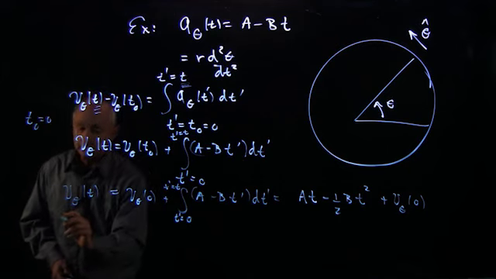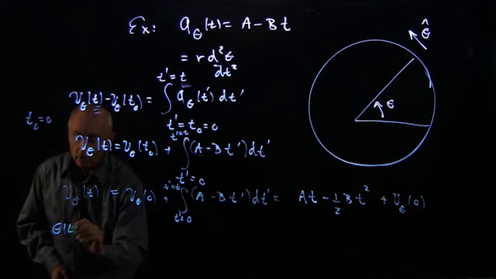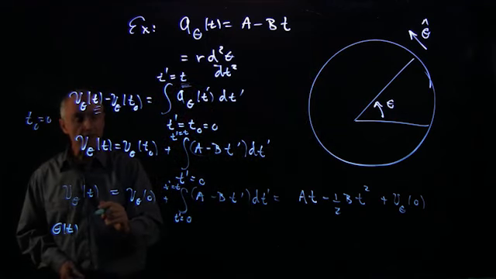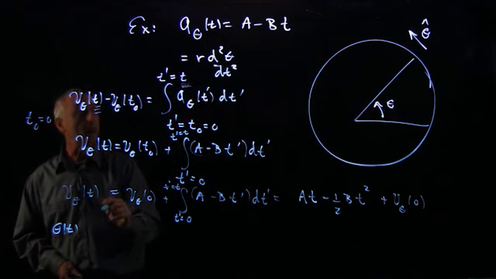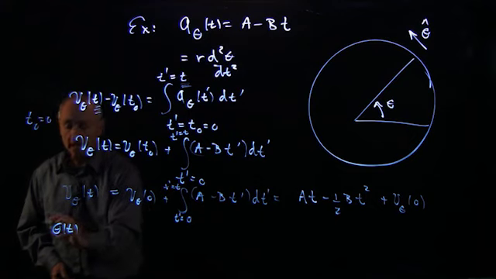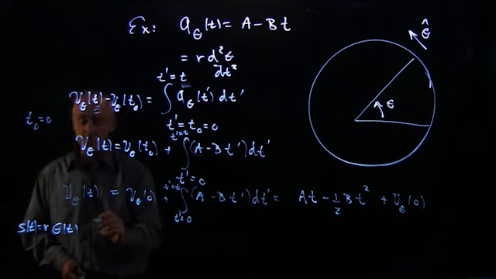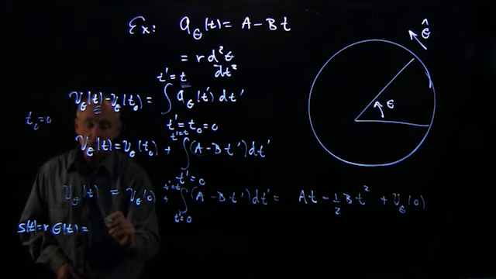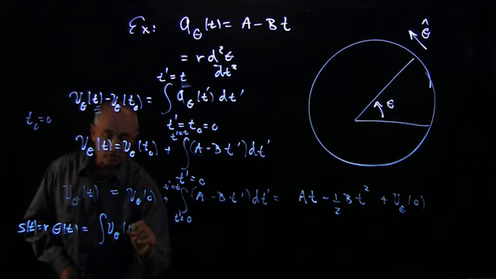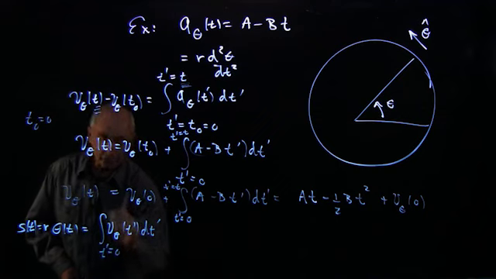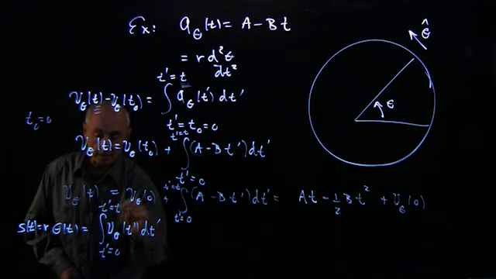In exactly the same fashion, how much angle does this go through? Well, we have to be careful there. If we want to do the arc length, s of t, we have to multiply the angle by the radius, and that is just the integral of the tangential component of the velocity from t prime equals 0 to t prime equals t.